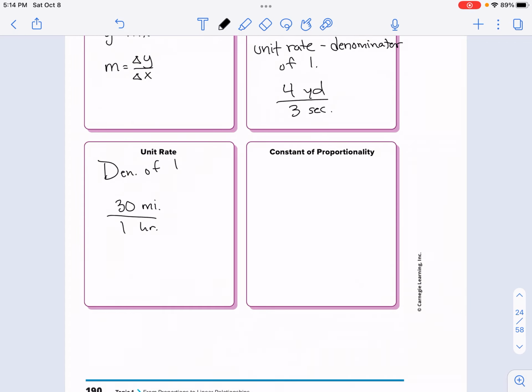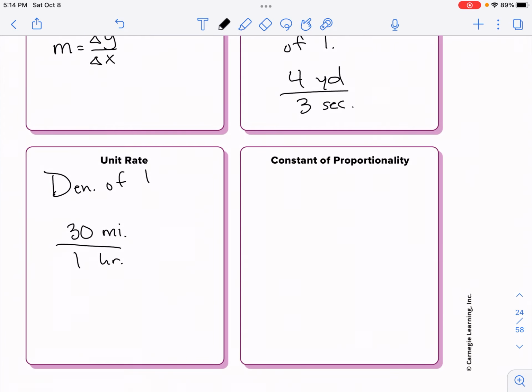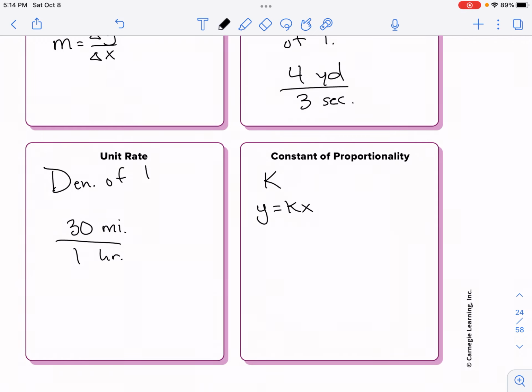All right, and then constant of proportionality is what we started with. This is the variable k, typically in the equation y equal to kx, right? K means the same as slope and rate of change.